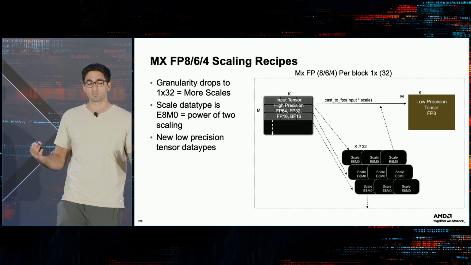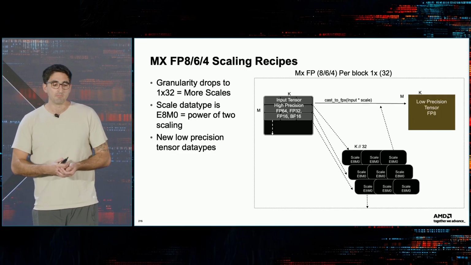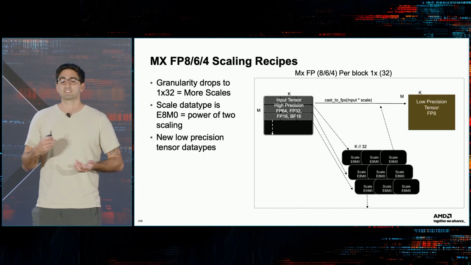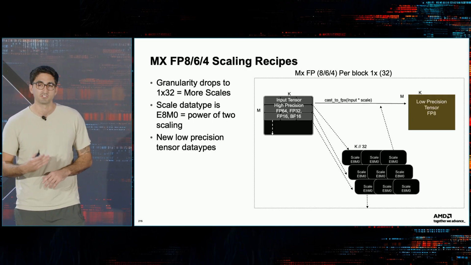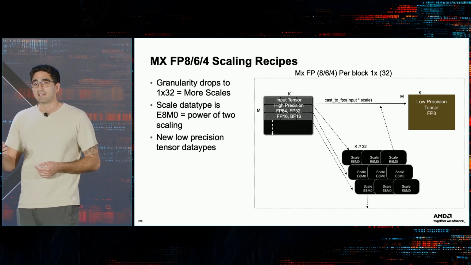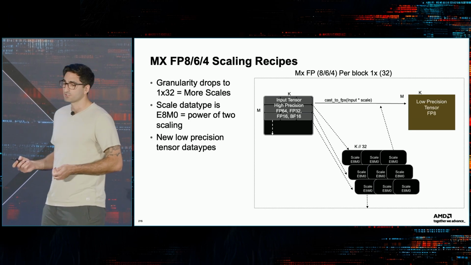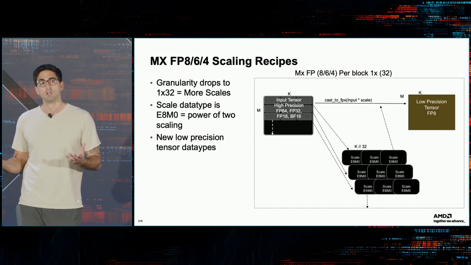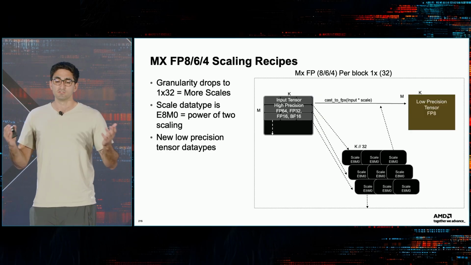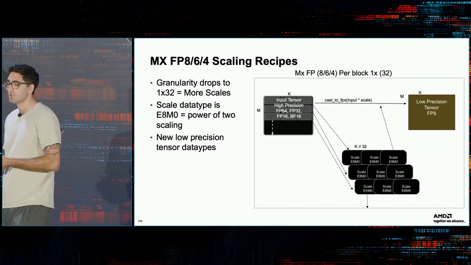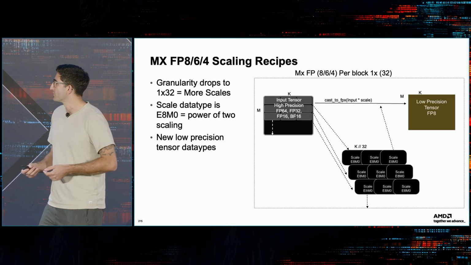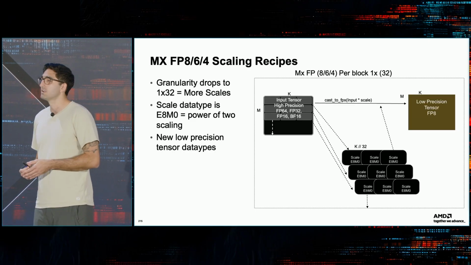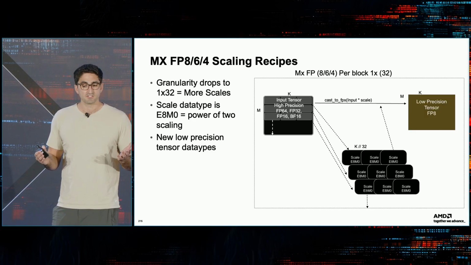In the new formats, this is where it's going to change. You may have heard about MXFP8, MXFP6, MXFP4 for GPT OSS. Again, these are all supported today in PyTorch on AMD. Instead of using one scale along a given axis, like per row, we're now going to split the rows up into subtiles or blocks. For the specifics of MXFP recipes, the size of these blocks is 32.